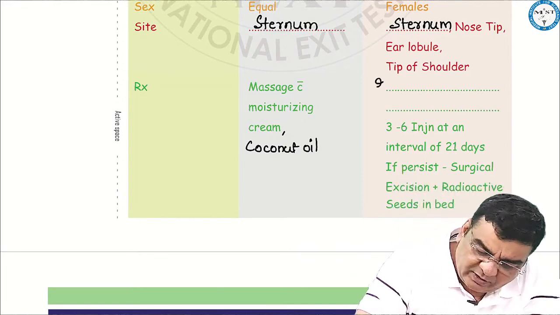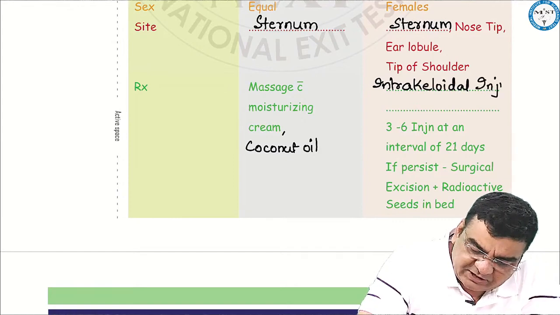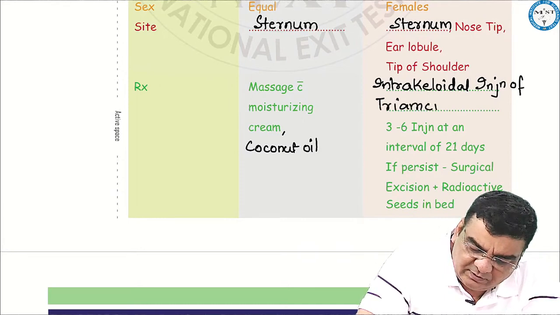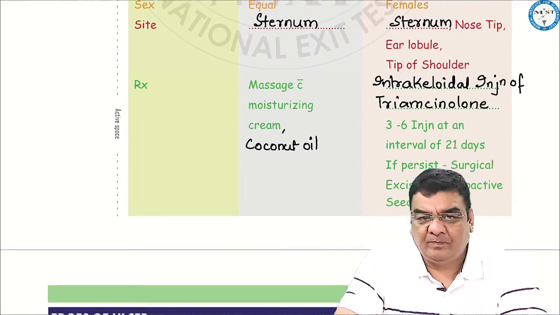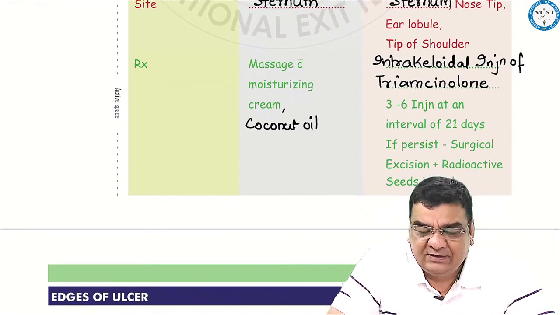So what we can do here is intrakeloidal injection of triamcinolone. Generally 3 to 6 injections at an interval of 21 days.